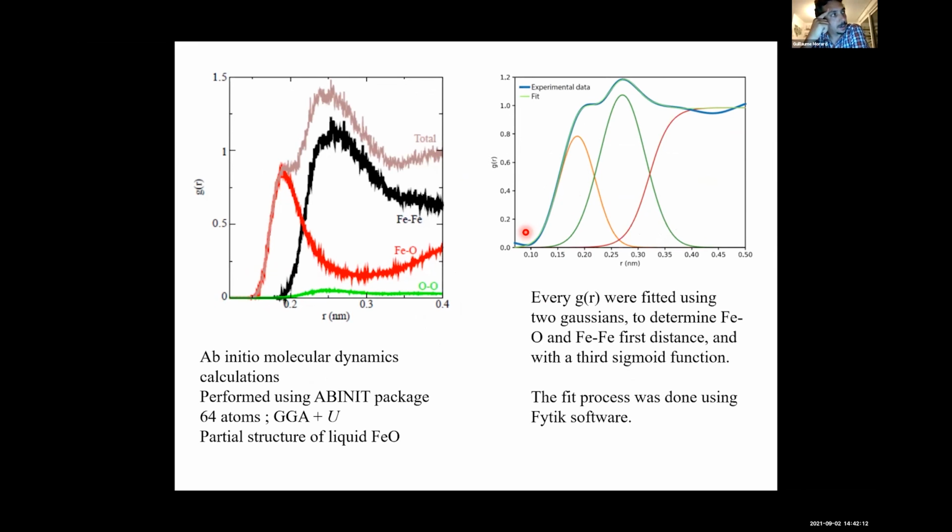Does that mean that the actual oxygen atoms are totally disordered? In fact, this is the partial g(r) from the ab initio, and I weight them using the Faber-Ziman method, so the oxygen is weighted by the atomic number, basically. That's why it's quite low.